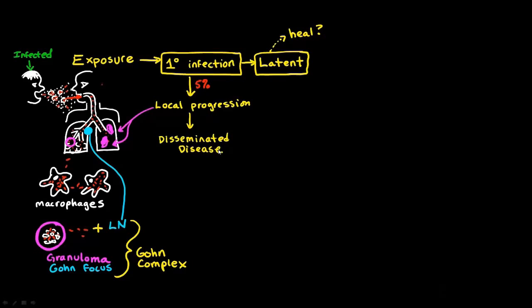One pattern that's been associated with this dissemination, and it's not the only pattern, is when the infection seeds multiple organs of the body with tiny little spots that are called millet because they're so tiny, and this is referred to as miliary tuberculosis. And that's most often recognized in the lungs, where you see these little tiny spots all over the lungs.